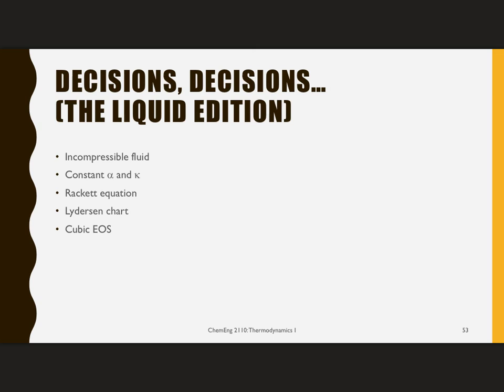When you don't have those, the Rackett equation or the Lydersen chart can be very good. Rackett is only for saturated. The Lydersen gets you for liquids off saturation. And the cubic equation of state, it's really not very good for the liquid phase. It can be used there, and you will see people do it, but it is probably your worst choice for liquids.